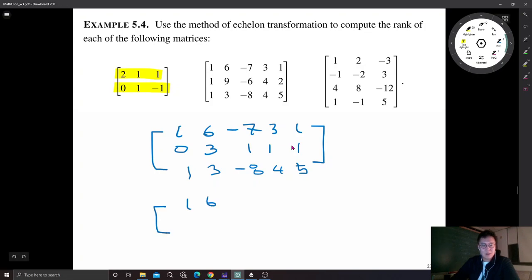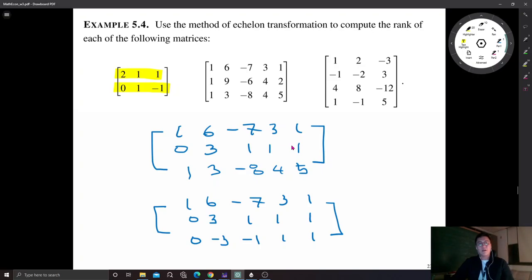So we have 0, negative 3, negative 1, and 1, 1. Okay, and we need more leading zeros in the third row, and the way to do that is we just add the second row to the third one. Then this becomes 0, this becomes 0, and this becomes 2, and this is 2.